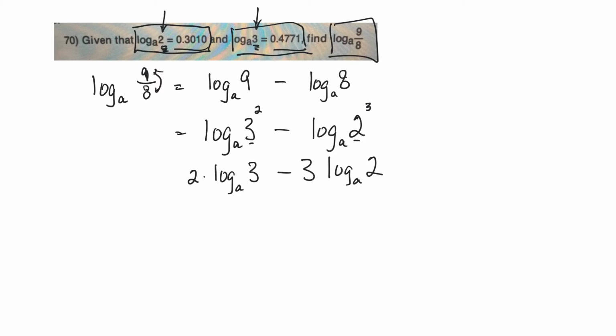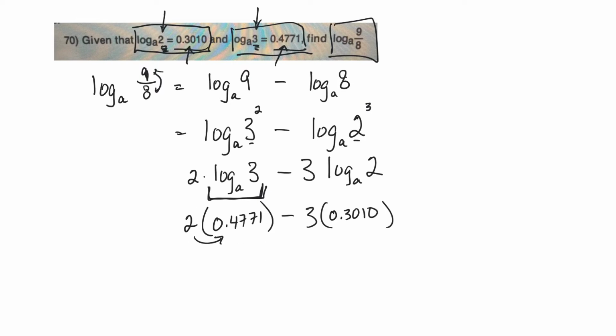But up top here, log base a of 3 is actually equal to that number. So I can replace anywhere I see that with 0.4771. Minus 3 times log base a of 2 is this one over there, 0.3010.